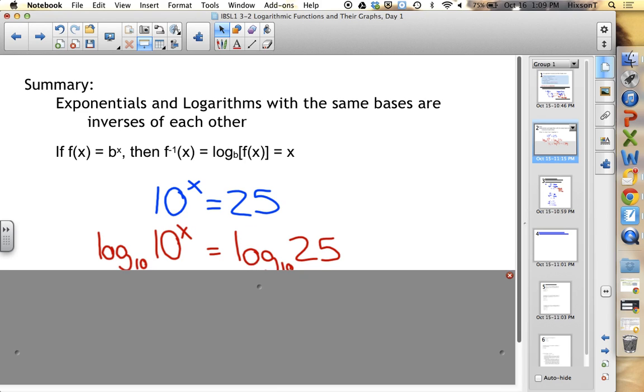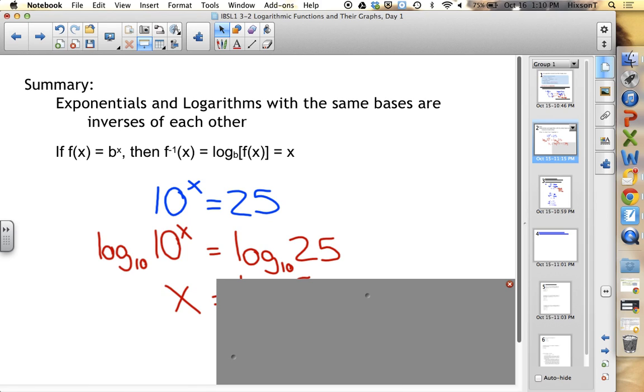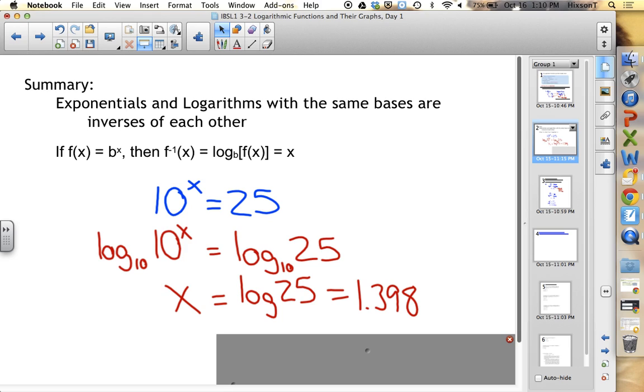I know we don't have to write it there, but I just want you to see it. What that will do is, on this side, all that's left now is the exponent. Remember, a log gives us an exponent. So the log base 10 of 25, we would have to use our calculator to figure out, and that would be 1.398.